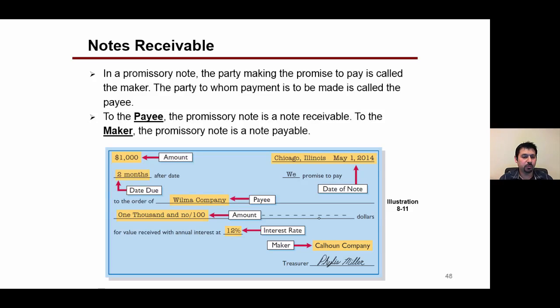The promissory note basically has information such as the amount, the due date, the payee, and the maker.